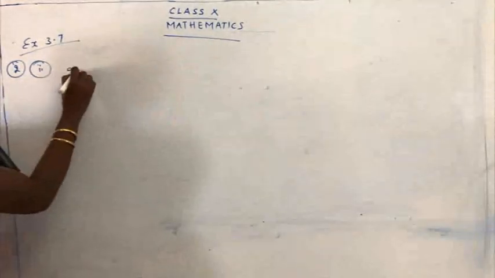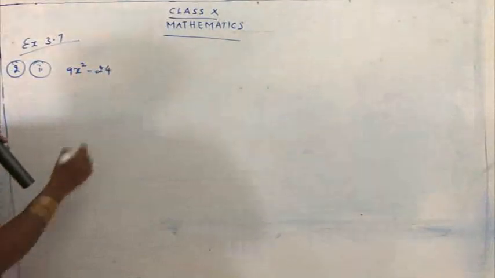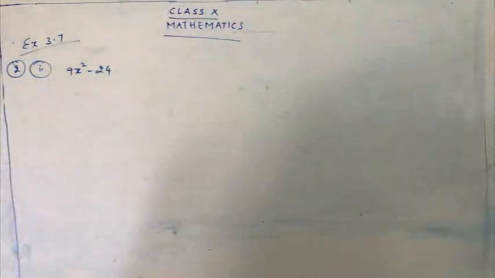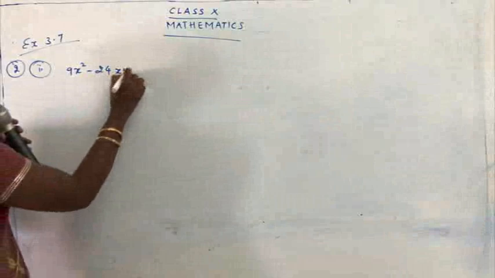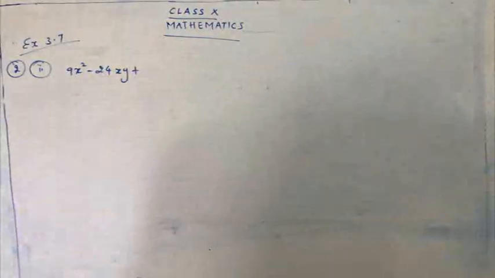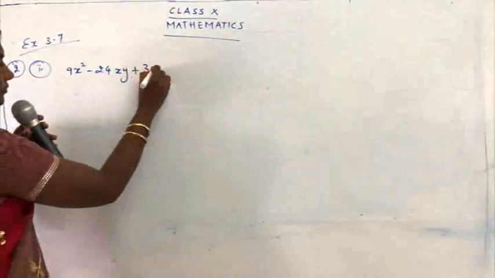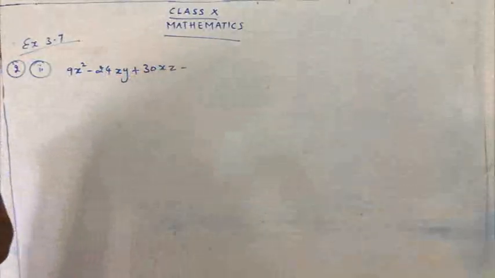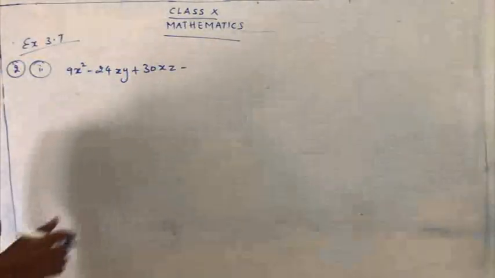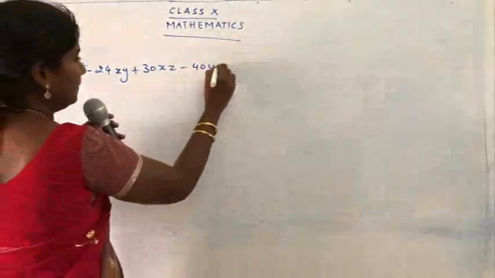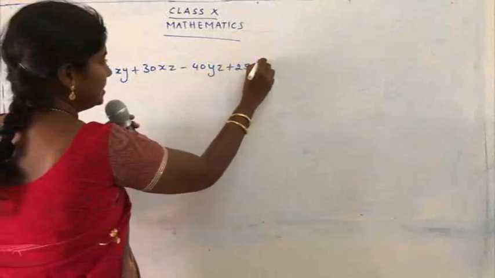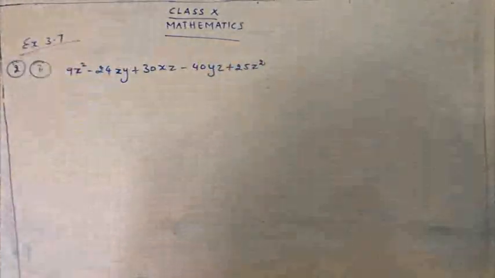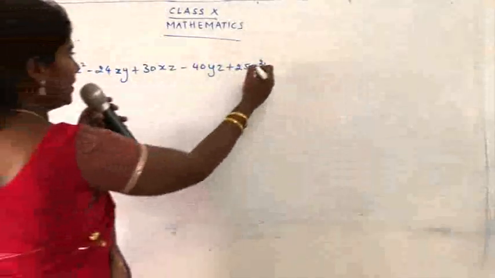It's 9x square. Copy the question properly, insert the signs properly, minus 24xy, plus 30xz, minus 40yz, plus 25z square plus 16y square.